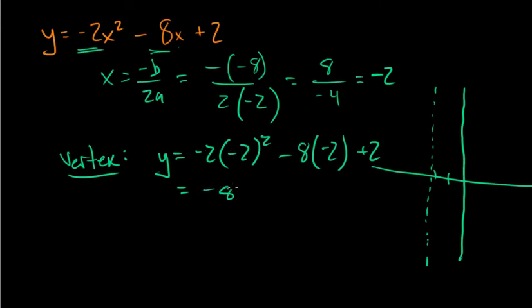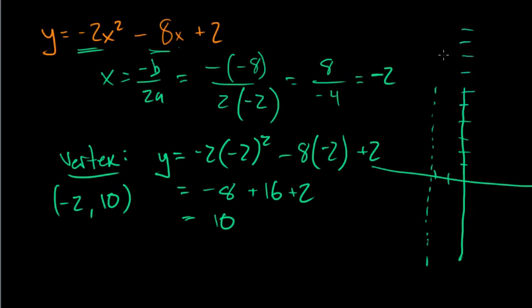Well, negative 2 squared is positive 4 times negative 2, negative 8. Negative 8 times negative 2 is going to be positive 16 plus 2. And so negative 8 plus 16 is 8, plus 2 is 10. So the vertex is at negative 2, positive 10. So if I go over negative 2, I need to go up to positive 10. 1, 2, 3, 4, 5, 6, 7, 8, 9, 10. And so up here, all the way at negative 2, 10 is the vertex.